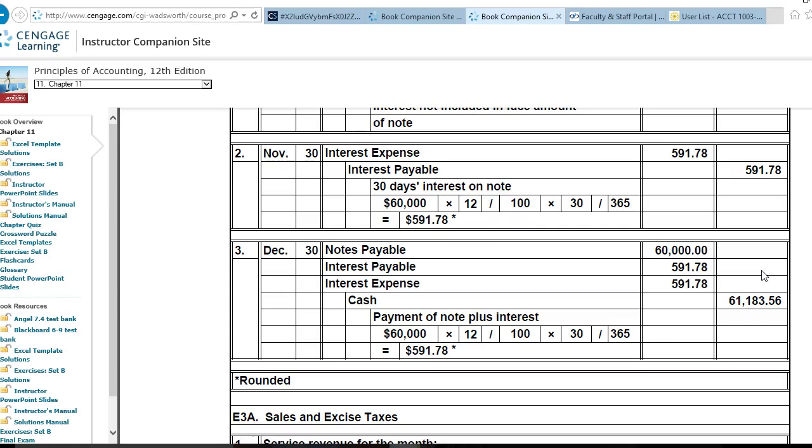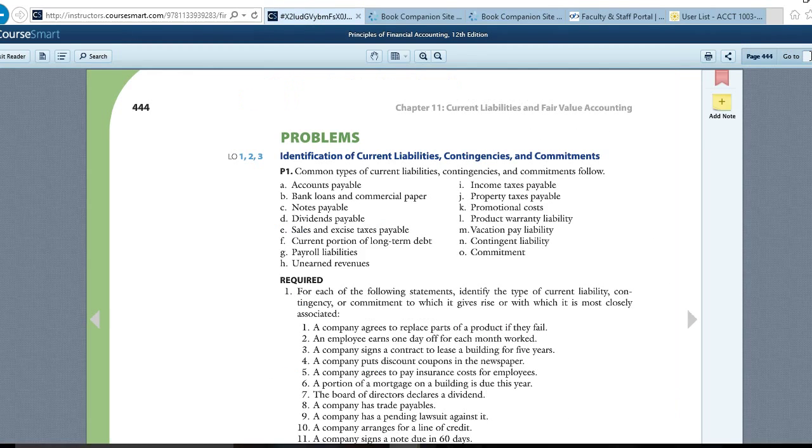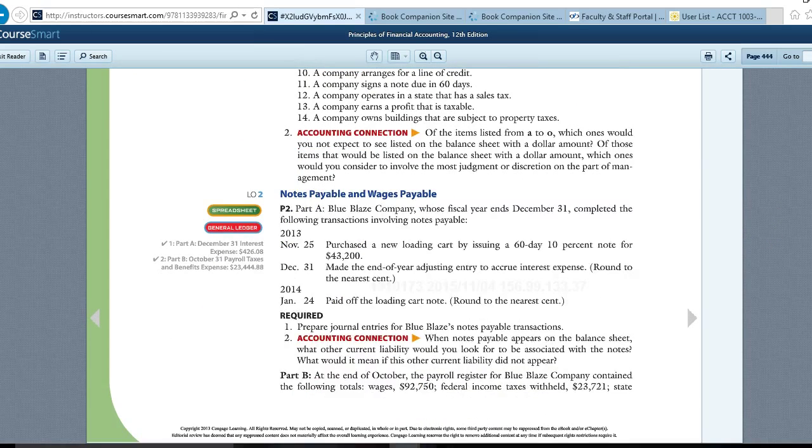I want you to now look at P2. This is a homework problem on page 444. This says, Blue Blaze Company, whose fiscal year ends December 31st, completed the following transaction involving notes payable.